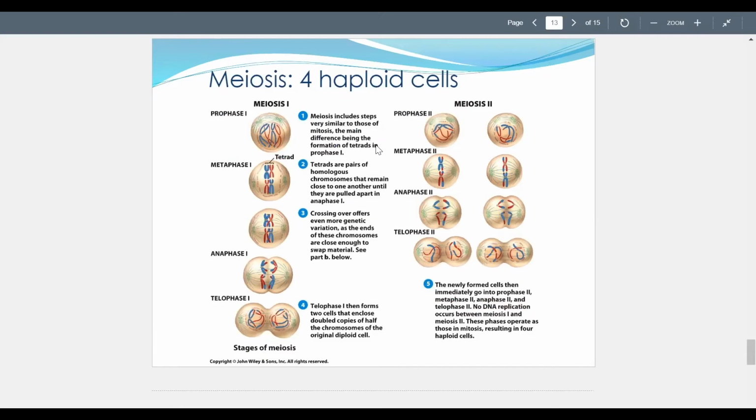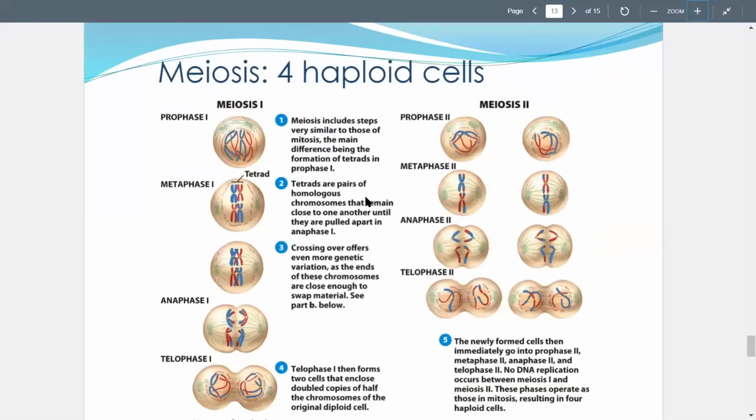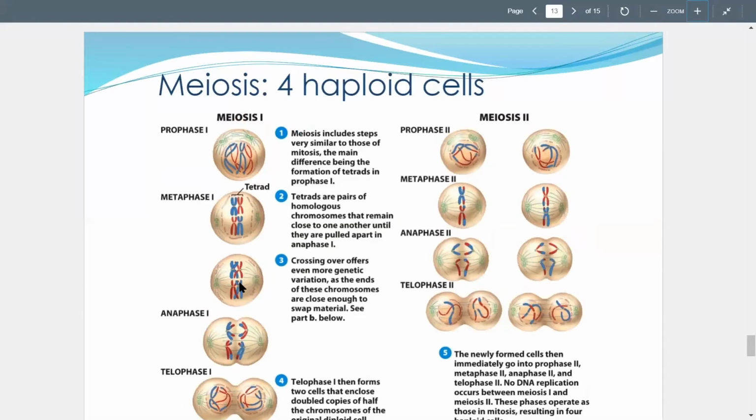And then in metaphase, they're both lined up in the middle again, the same thing. The only difference is that the legs are going to cross over. On the third circle, you see the blue is crossing over with the red, and then they're going to permanently cross over.